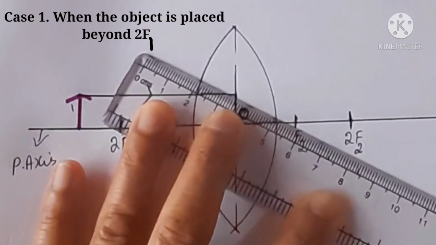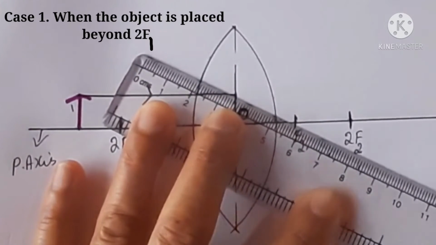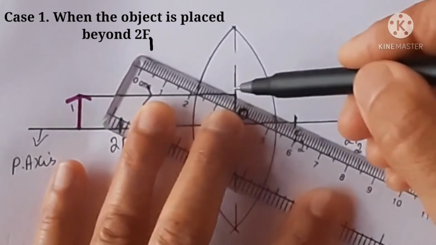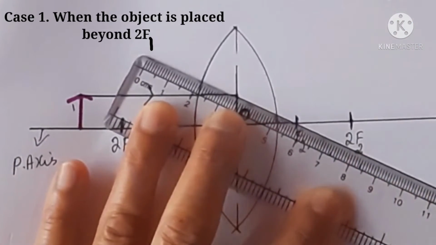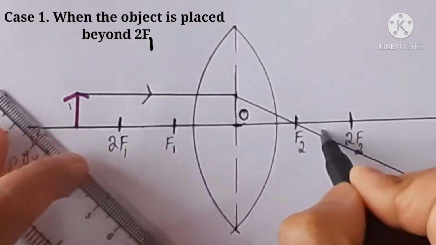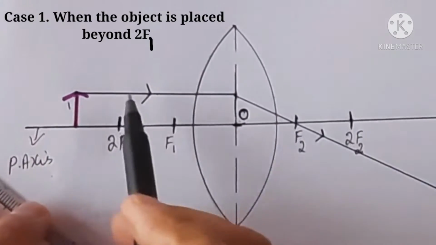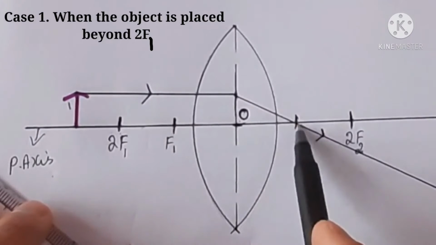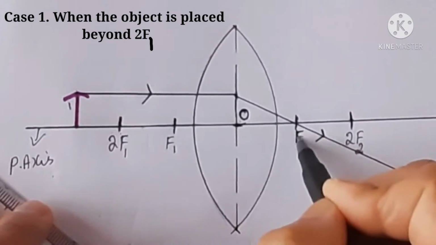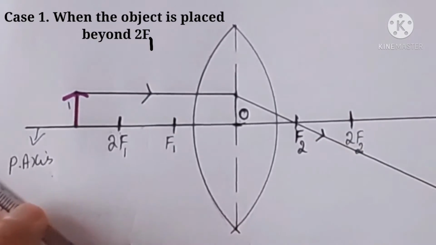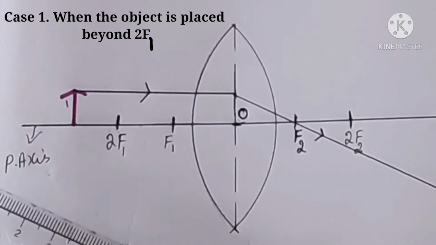When it enters the lens, it passes through the lens, it will suffer refraction, and then it will pass through F2. So that is rule 1. Parallel ray after refraction passes through F2. Then now I will combine with rule 3.